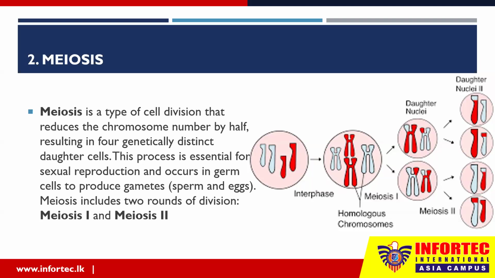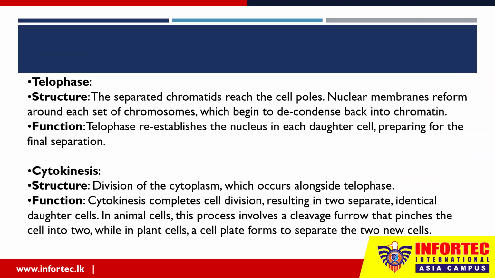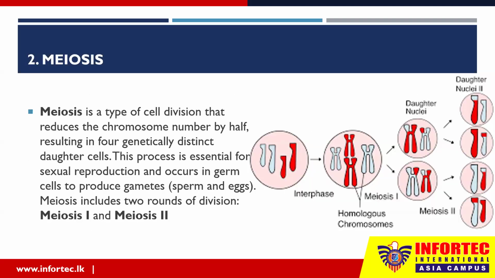Meiosis has two stages, meiosis 1 and meiosis 2. Each of these stages has prophase, metaphase, anaphase, and telophase.